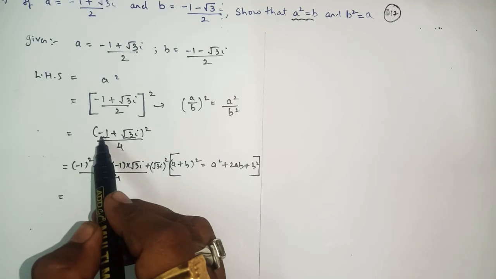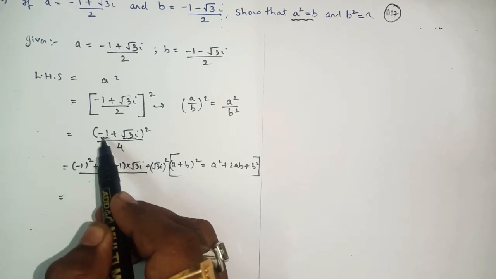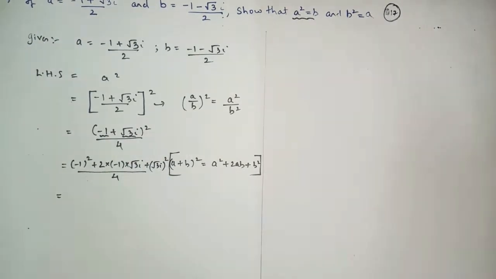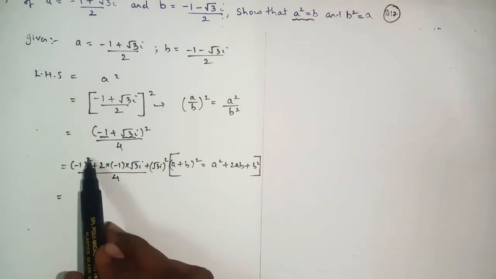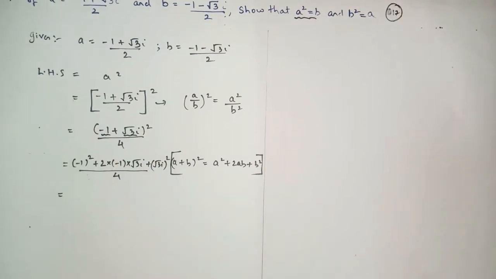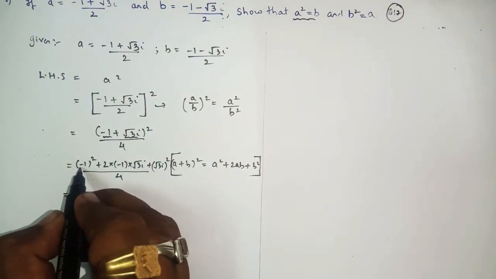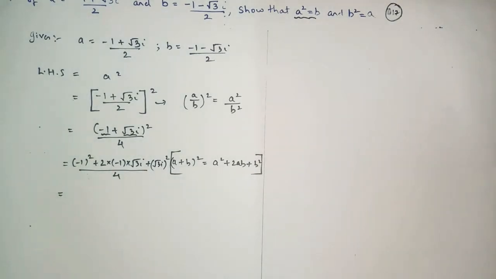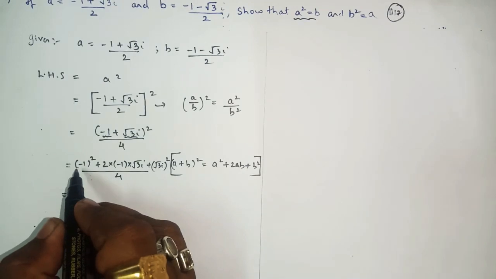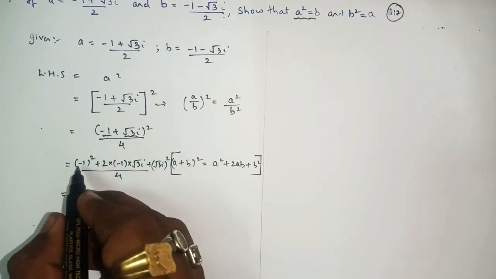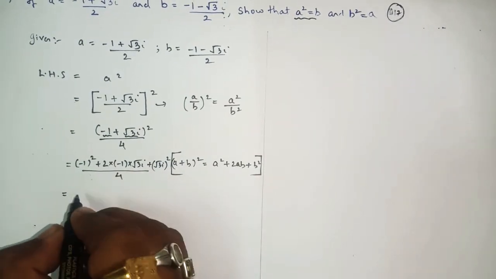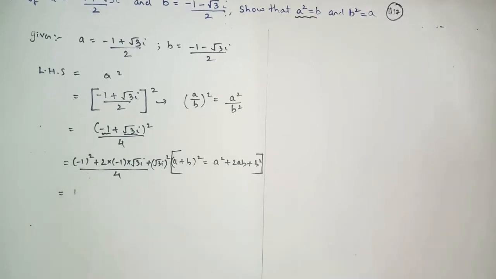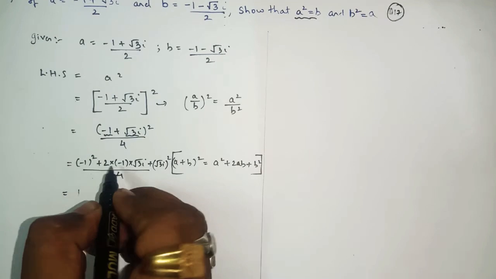Please consider this whole part as a and this part as b, and the connection is plus. So apply the formula a square plus 2ab plus b square. So we know that (-1) square, minus square is what? We know that minus square is always positive. So minus square is positive, 1 square is 1.